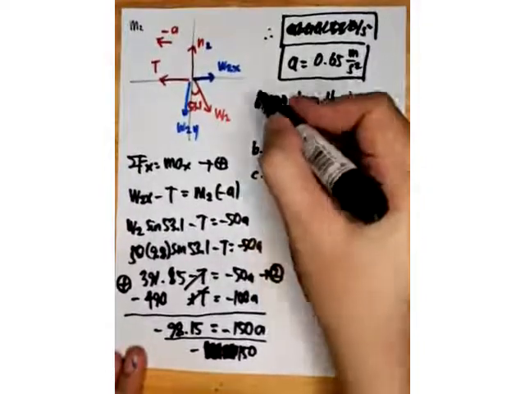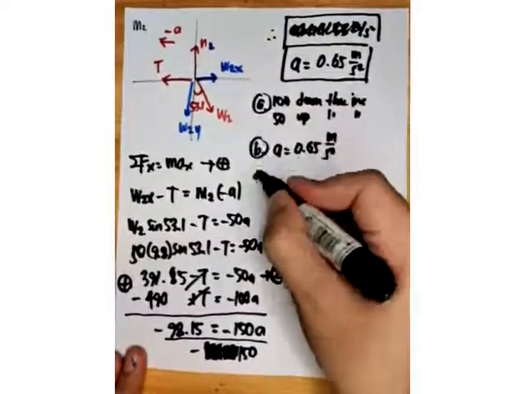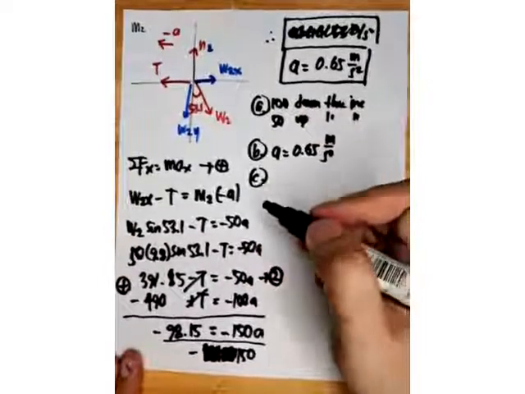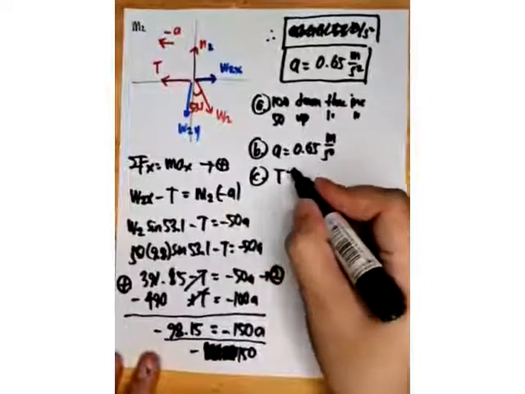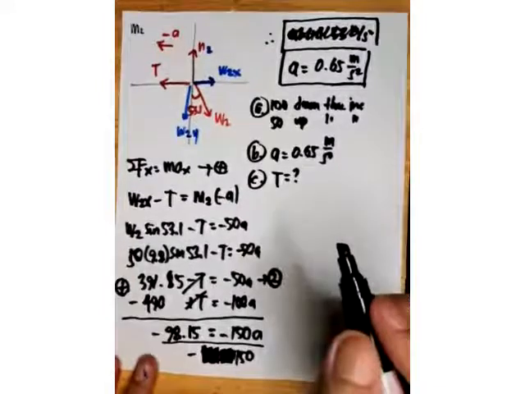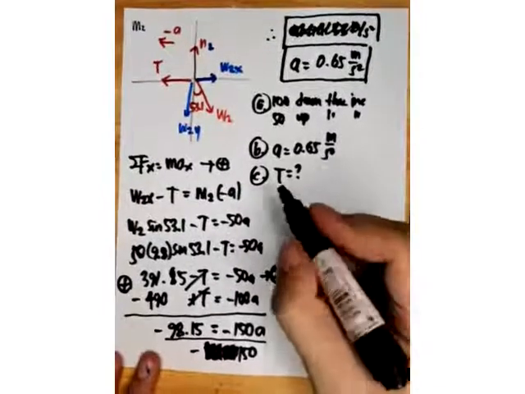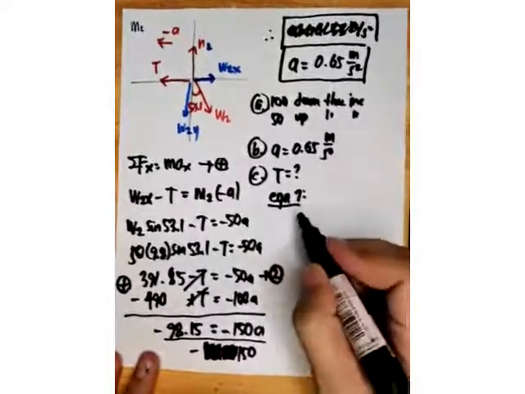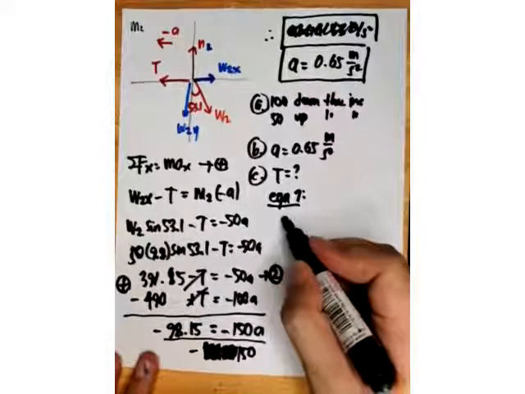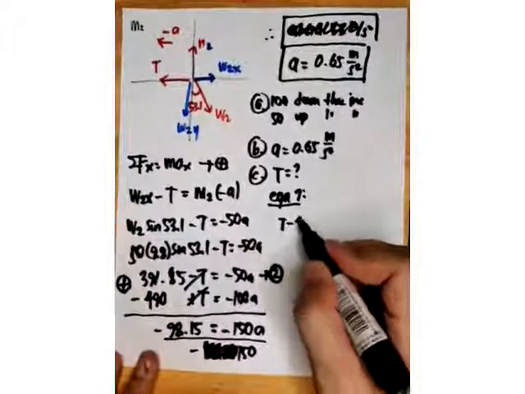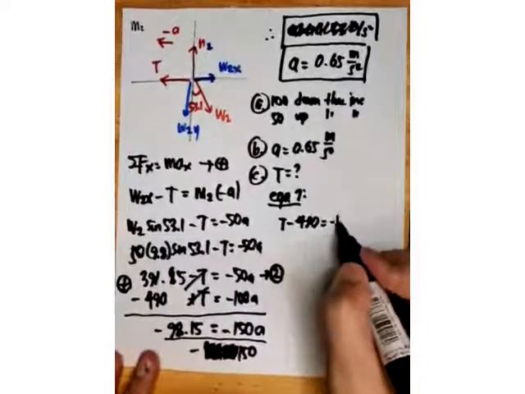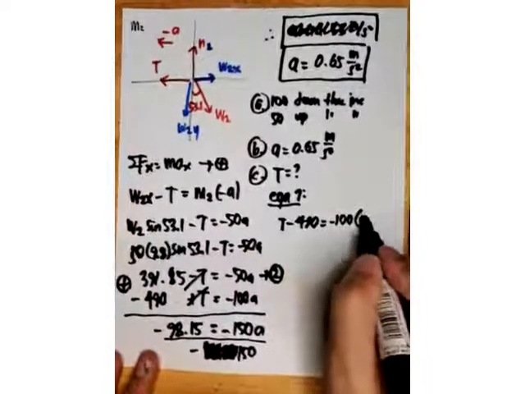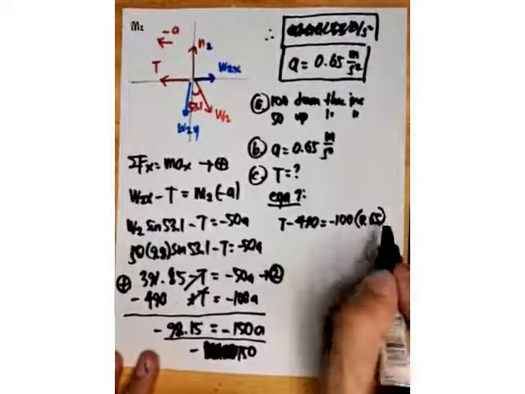And then letter C. What is the tension in the cord? So what is the tension? So let's just use equation 1. So on equation 1, so we'll have T minus 490 is equal to negative 100 times 0.65.